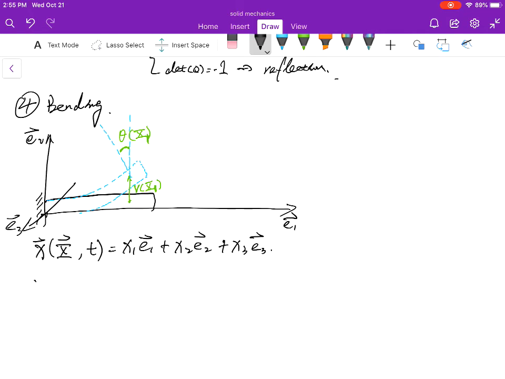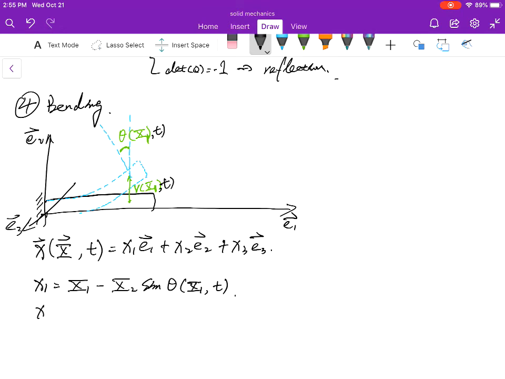In this case, x1 is simply 1 minus 2 sine theta. Remember, this theta is a function of X1 and time. Actually, here we should have time, here we should have time.